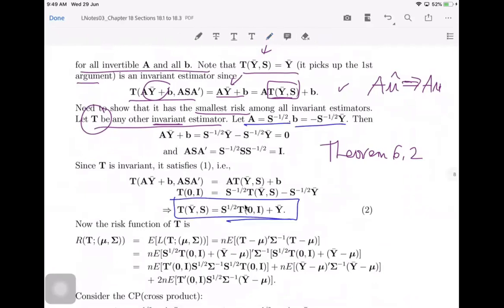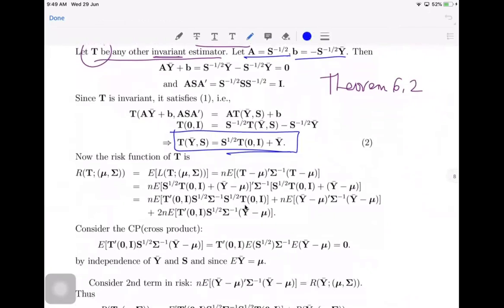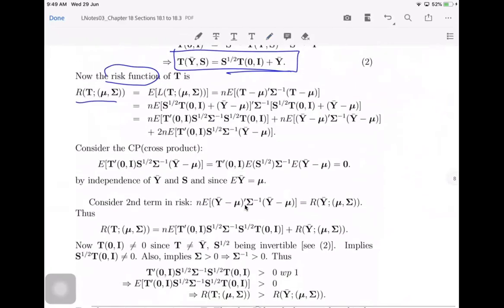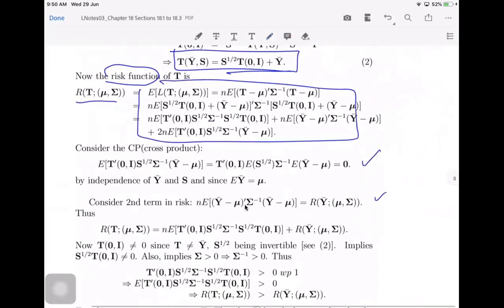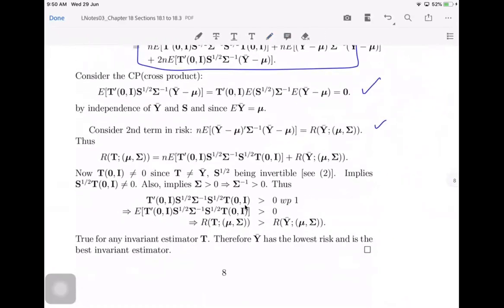Then you look at the risk function of that and express it as two components. If you expand, you look at the cross products, but I will not deal so much on that.